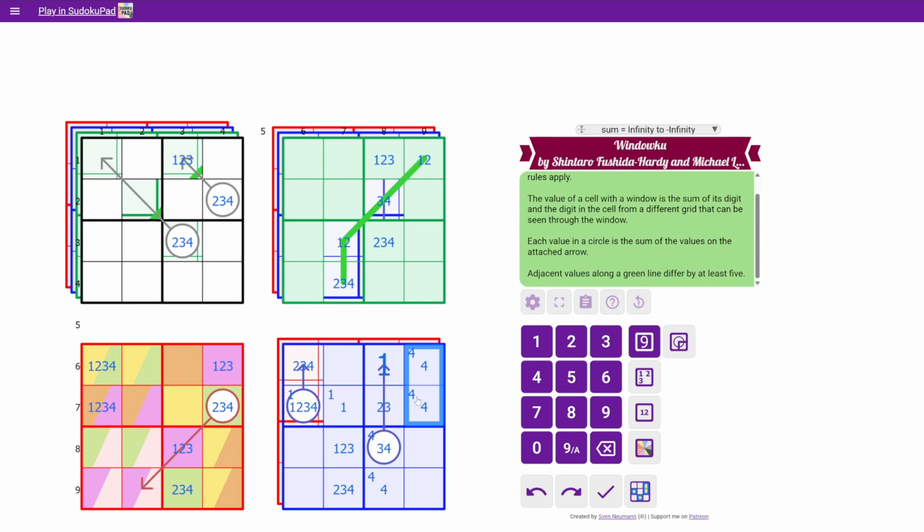Yeah, 2 or 3 go over here. So this is going to be 5, 6, 7, or 8.